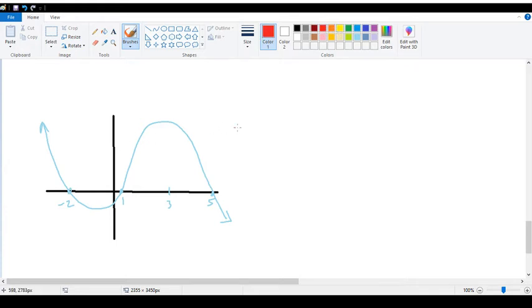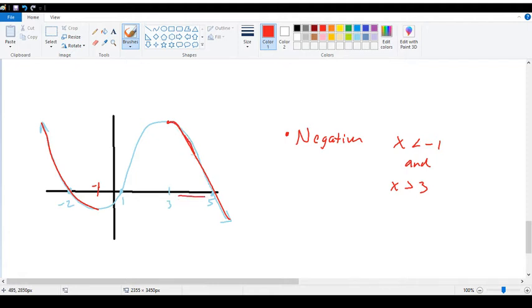Well, if I look at it from left to right again, it's going down in this section here. So it's negative when it's less than -1. It's also negative in this section here when x is more than 3. See, x is more than 3, it's going down.